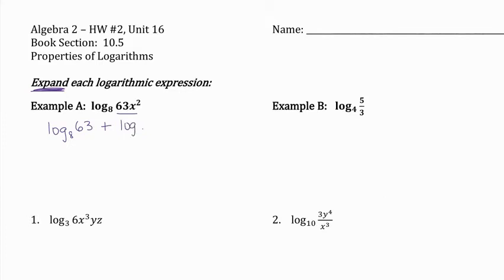And then log base 8, same base, of x squared. So I took the multiplication, separated it into addition. Then I've also got my exponent on my x squared. So then I can make this log base 8 of 63 plus my exponent comes out in front, 2 times log base 8 of x.